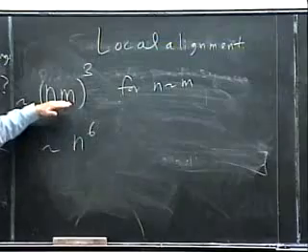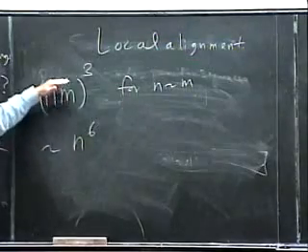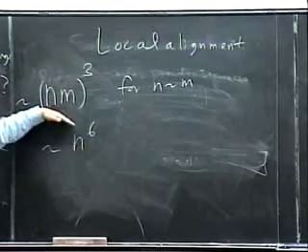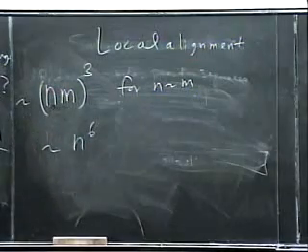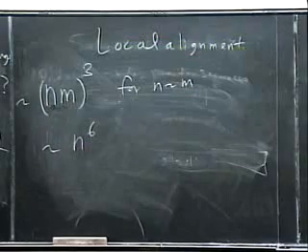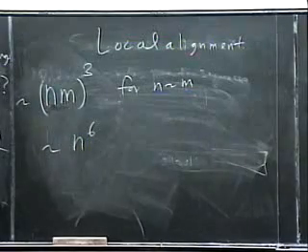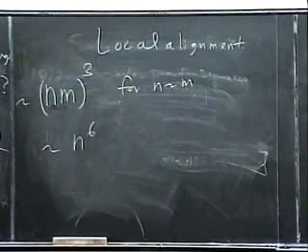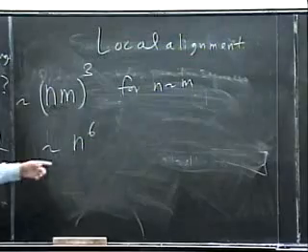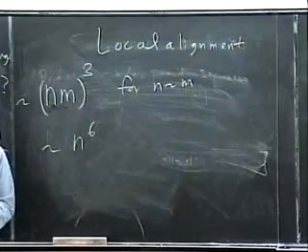So for global alignment, it just cost us n times m. That was the time it took to compute the global alignment. And the reason I'm emphasizing this is because that made global alignment practical. For local alignment, if you do the computation according to the definition, it's starting to look bad.